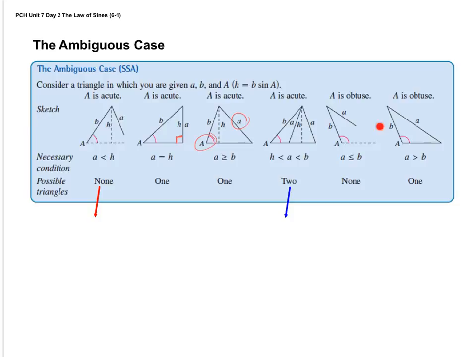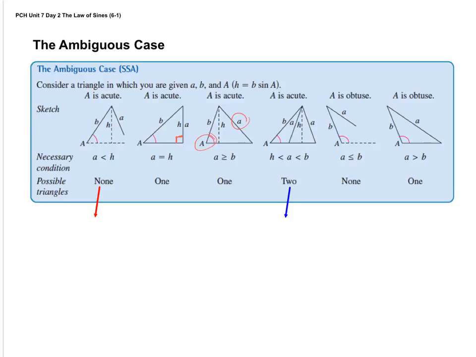Now, if angle A is obtuse, obviously you can only have one obtuse angle in a triangle, right? So I know that the side across from the obtuse angle will always be which one in the triangle?